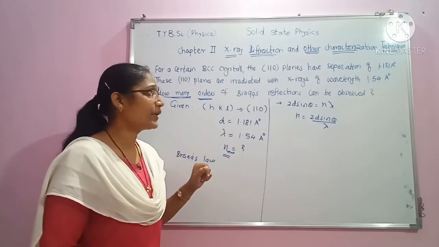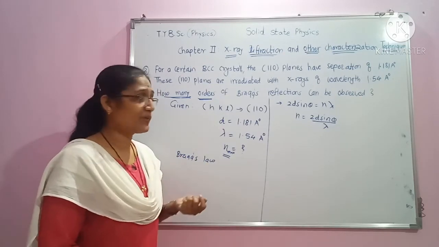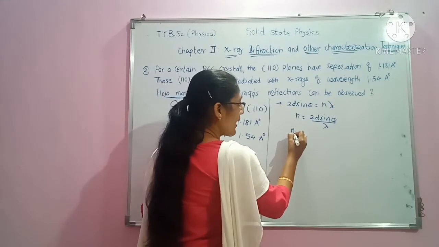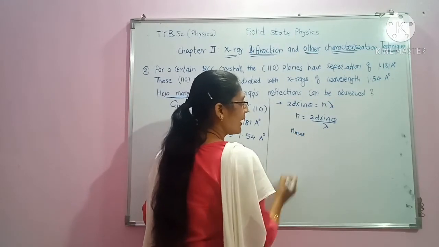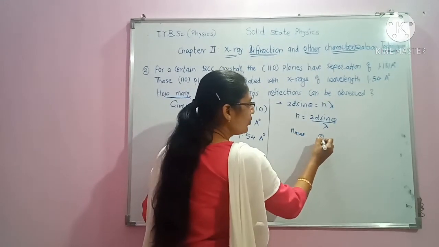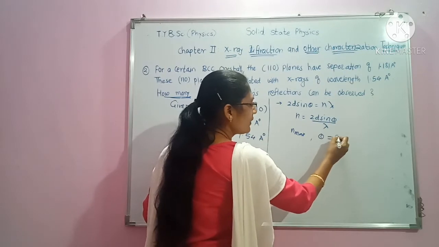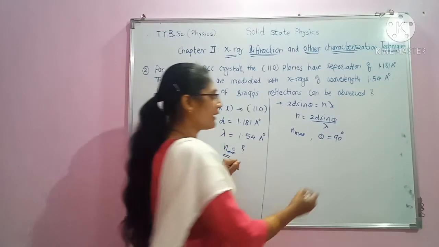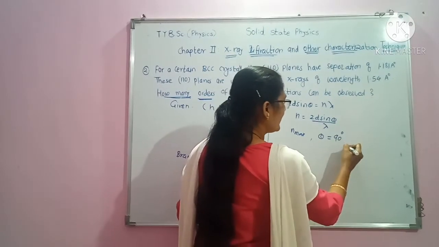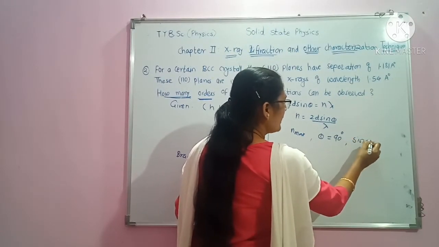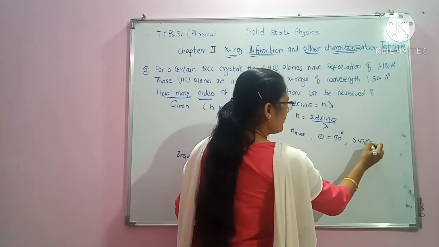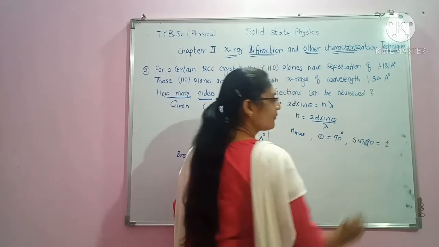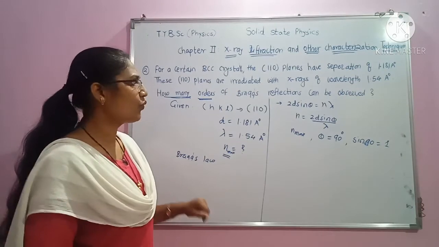For n max, we have to take the theta value as 90 degree. When we take theta as 90 degree, sine theta, that is sine 90, becomes 1.